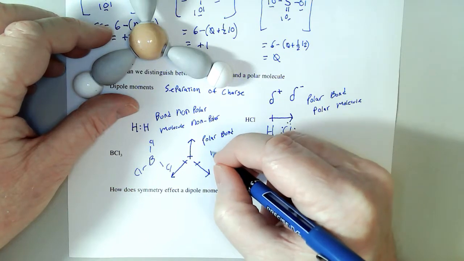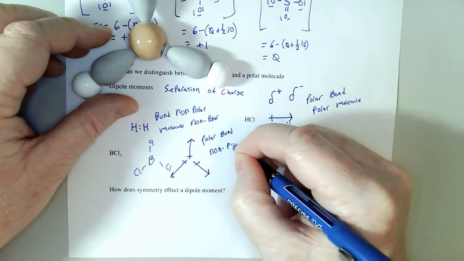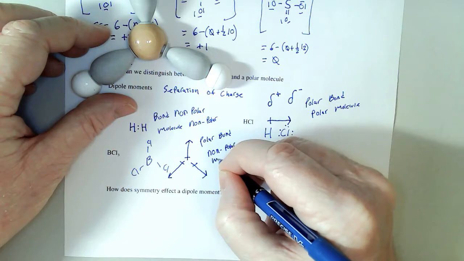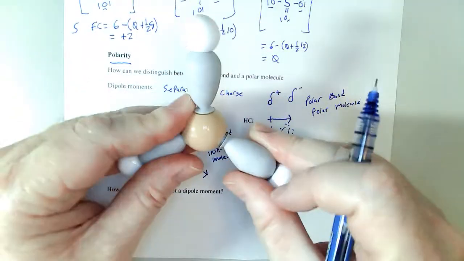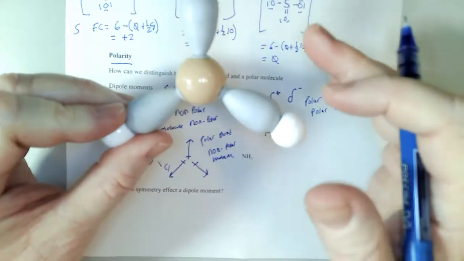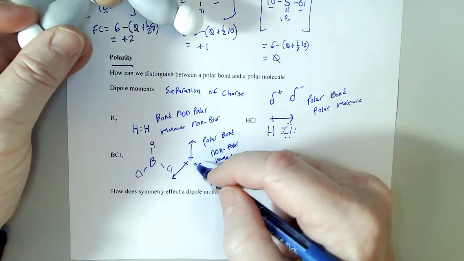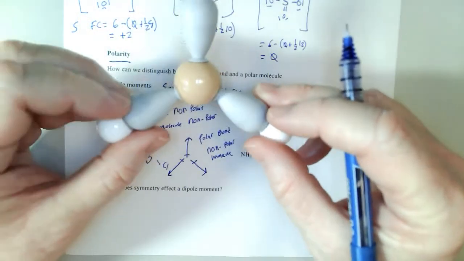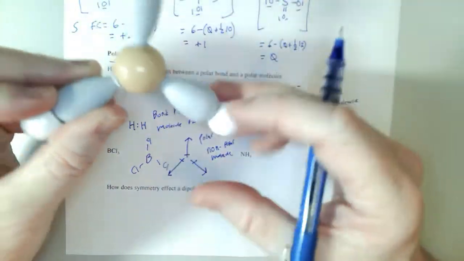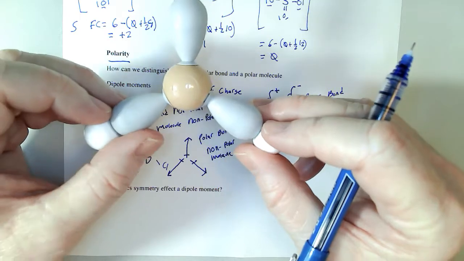But it is a non-polar molecule because of its symmetry. Now, if you understand vectors, the resultant of these three vectors is 0. So I have no net separation of the charge.